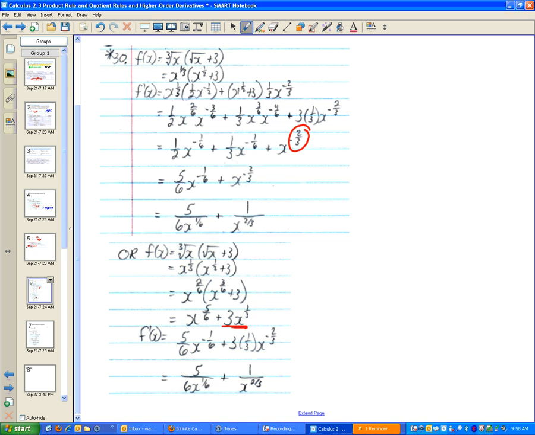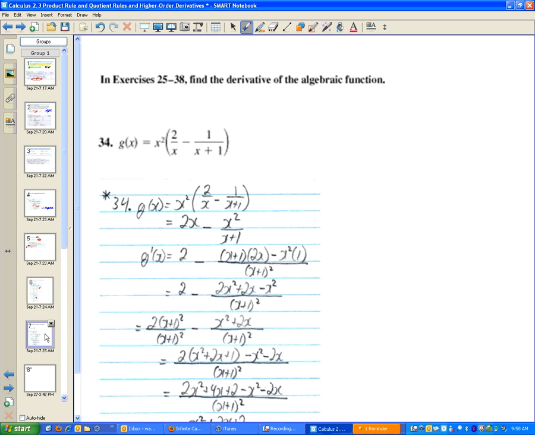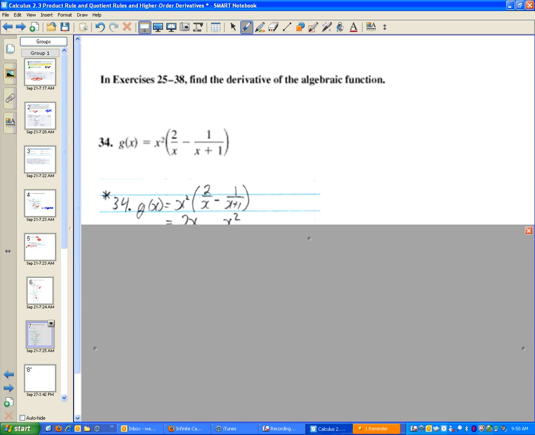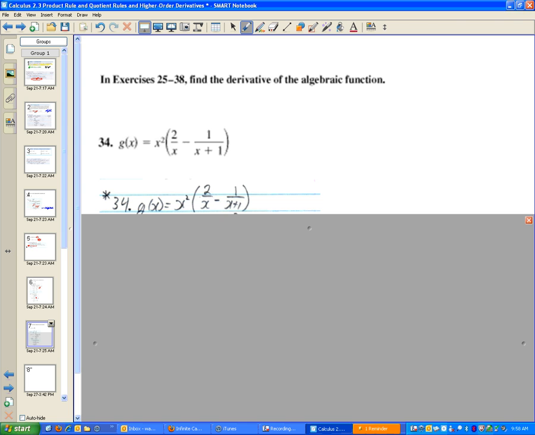All right? Another one, 34. Find the derivative of the algebraic function. So we've got g of x equals x squared times the quantity 2 over x minus 1 over x plus 1. I'm going to distribute that x squared through there.